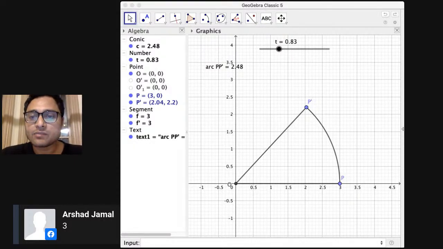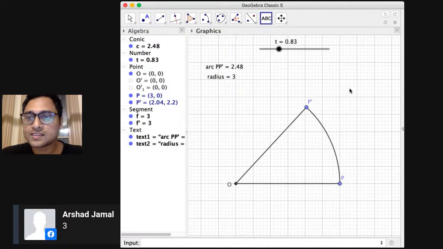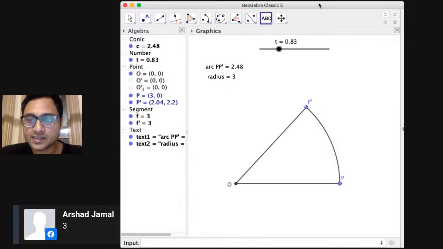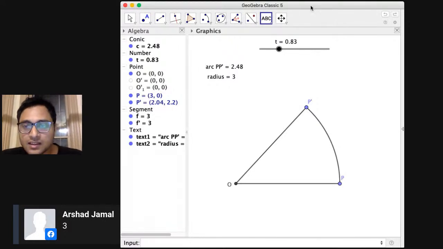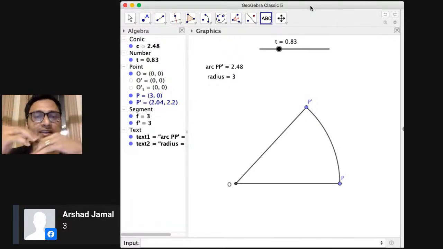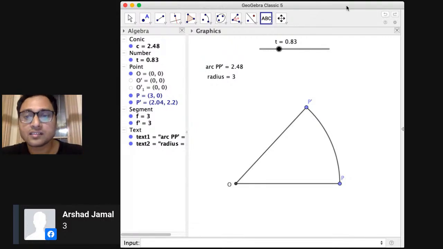Can anyone tell me what is the ratio of this arc over radius? You can just divide 2.48 by 3 and give me the final value. What is the ratio of arc over radius?